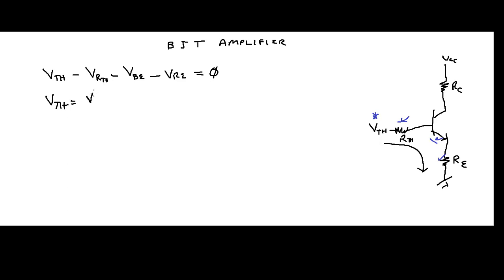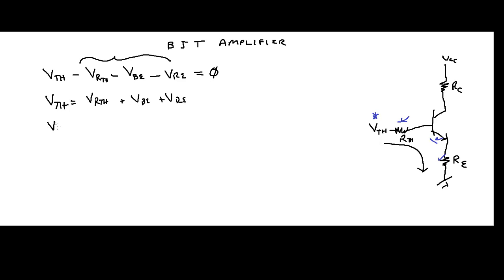VRTH plus VBE plus VRE. Got it? Makes sense, right? Because this is the only positive thing. Everything, these items here, when you subtract it from VBE, VTH has to equal 0. So therefore, they have to equal each other, right? So let's just think about it now.